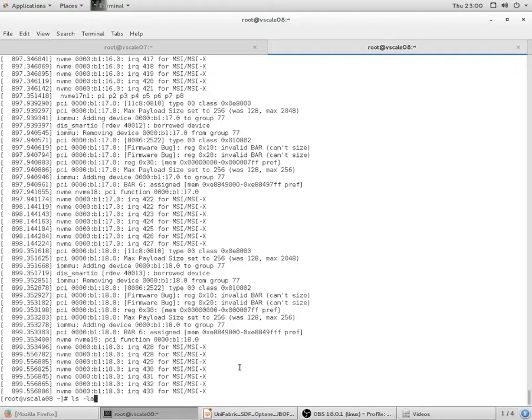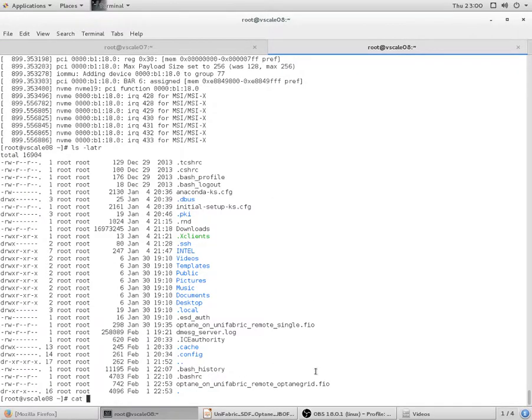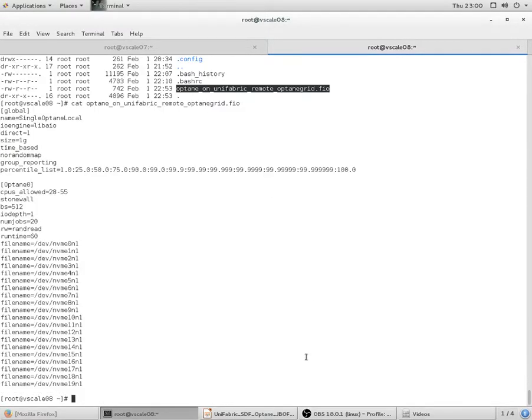So for our small test, we took all the 20 drives and I just put in 512 byte size, because as I read from the Intel documentation, this is supposed to be the one where the latency is the lowest. So I'm running just 20 jobs, like one for each drive, and let's see how this turns out.